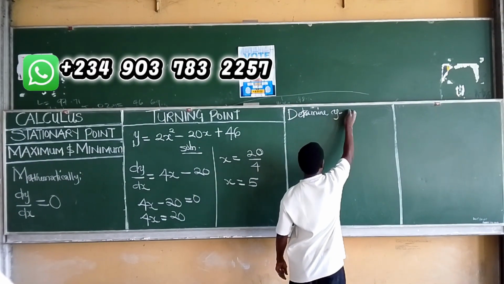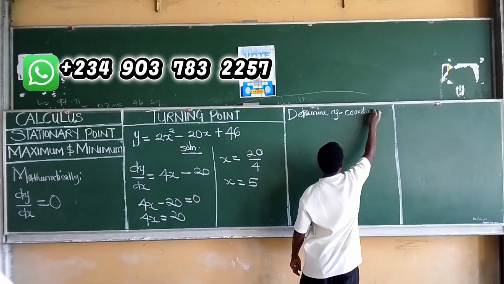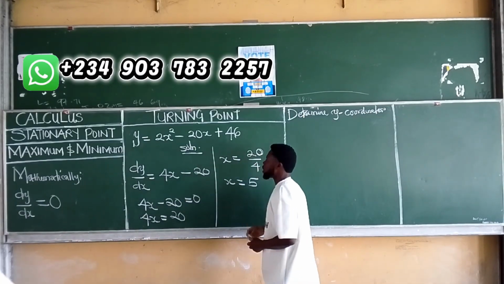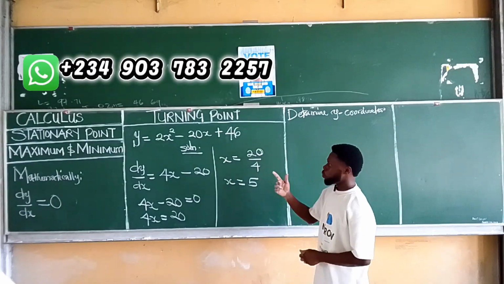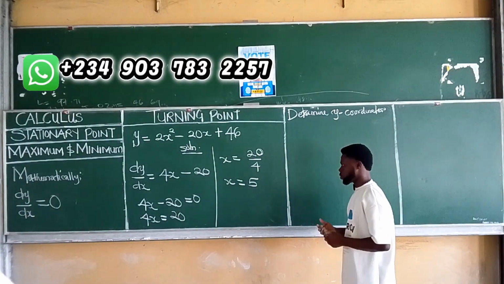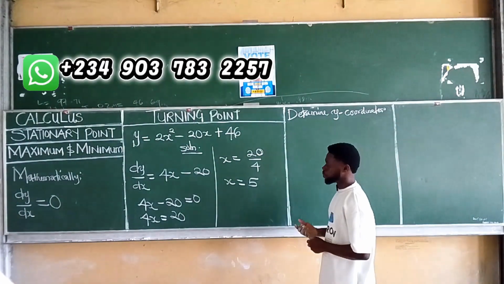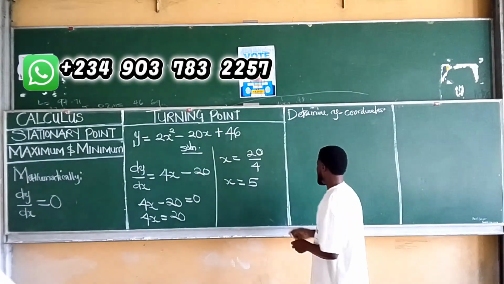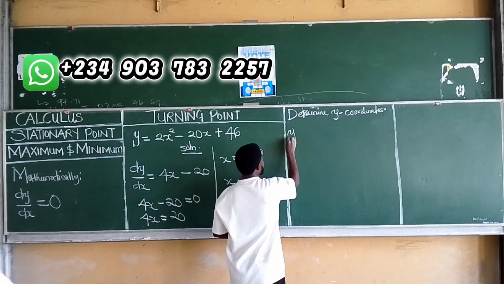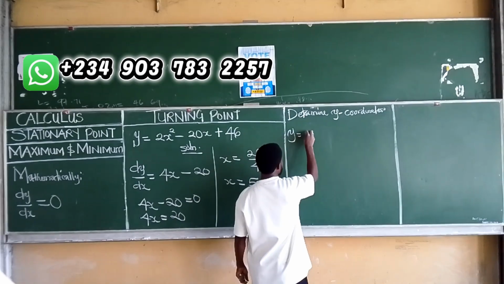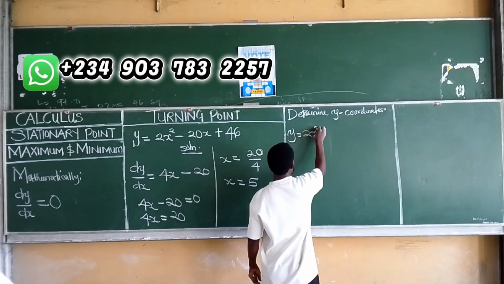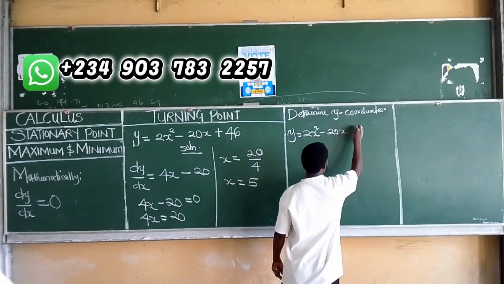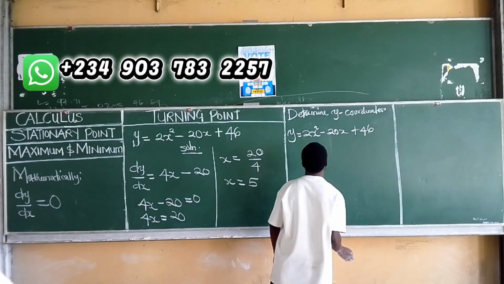Determine y coordinates. So that will give, from the original function given on the board, y is equal to 2x raised to the power of 2 minus 20x plus 46. So we can get the y coordinates from the function. So that means y is equal to 2x raised to the power of 2 minus 20x plus 46.